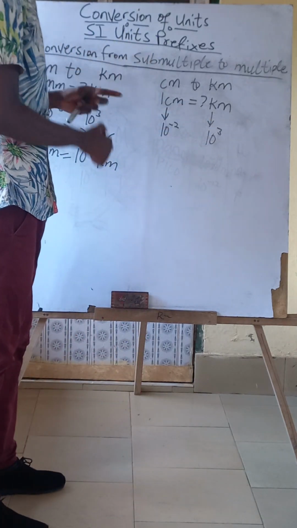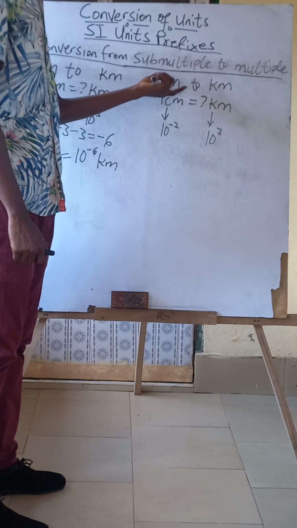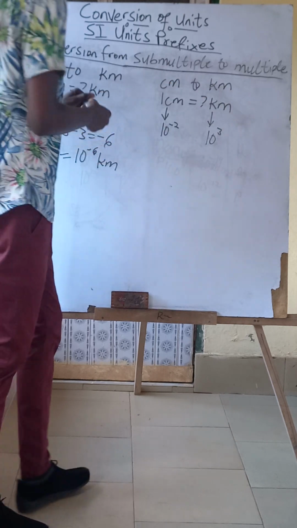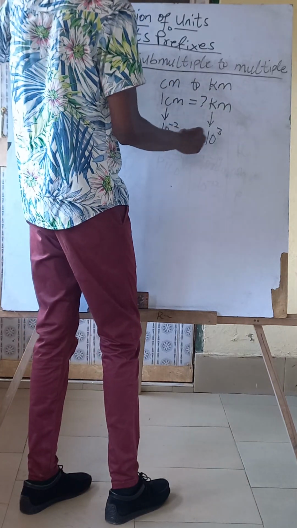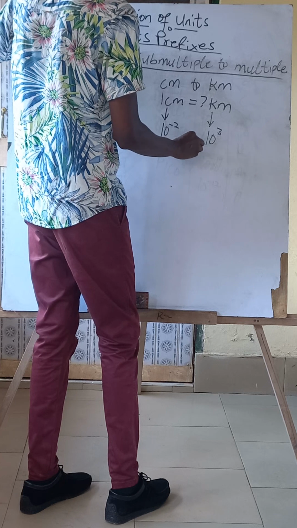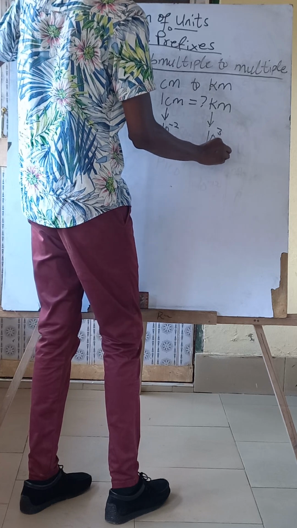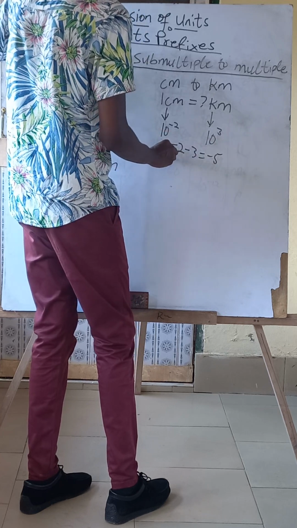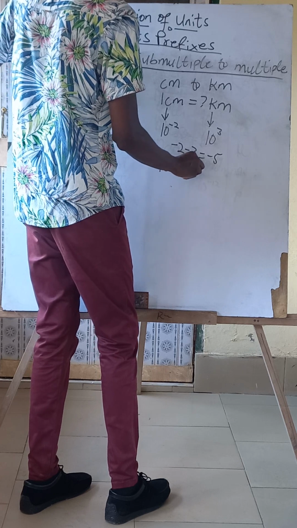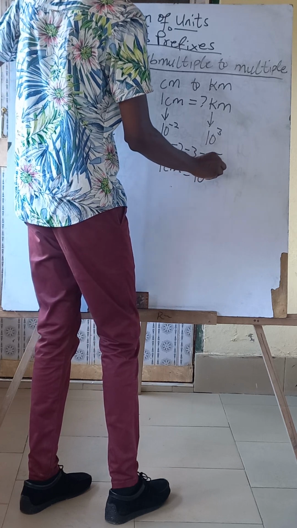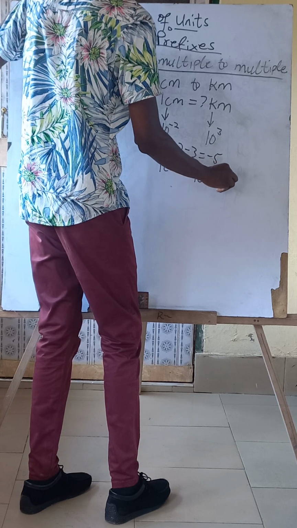This is clearly a conversion from a sub-multiple to a multiple. So in this case, you have to subtract the exponent. Negative 2 minus 3, and you get negative 5. So 1 centimeter is equal to 10 raised to the power minus 5 kilometers.